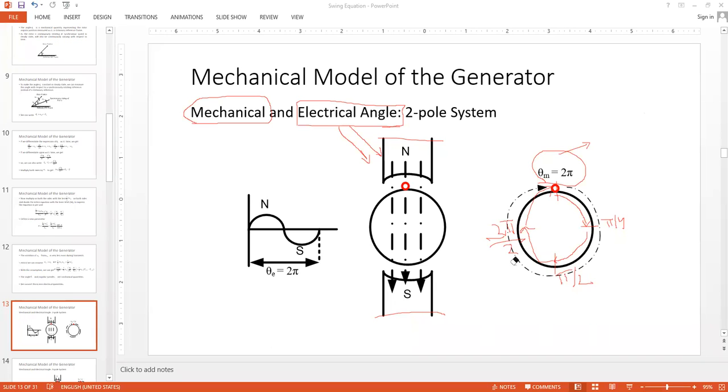The mechanical one is already mentioned. This is pi by 4, pi by 2, 3 pi by 2, and twice pi. Probably this is a mistake, so we make it 120. Sorry, I made a mistake.